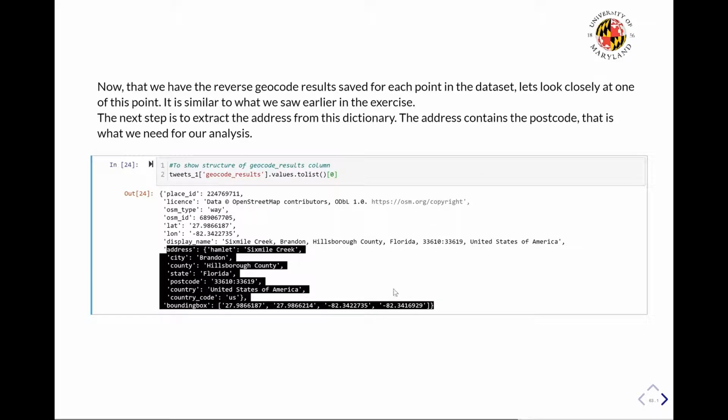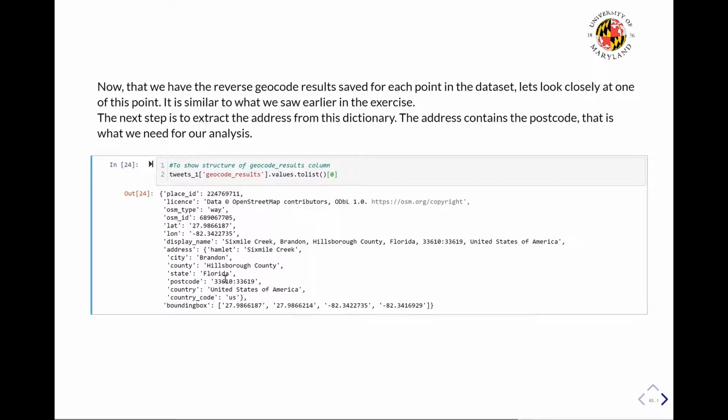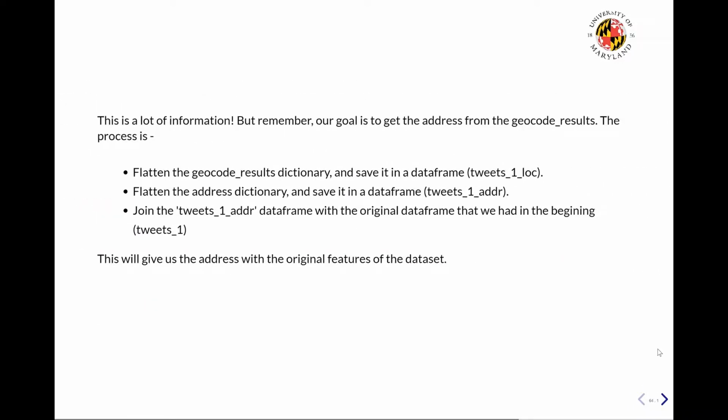We have attributes like city, county, state, postcode, and country associated with the address, which can be extracted separately after flattening the address dictionary. So yeah, this is a lot more information than what we actually need for our analysis.